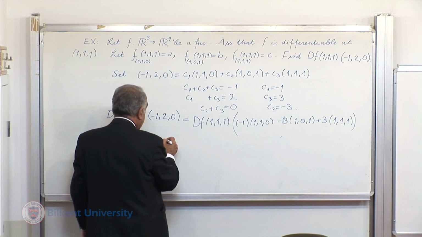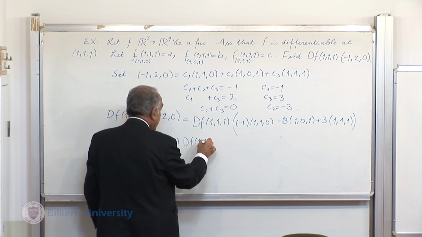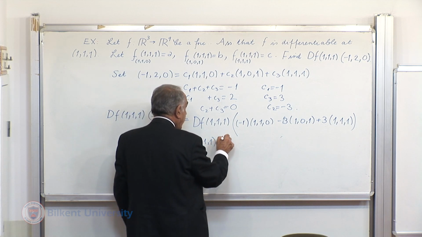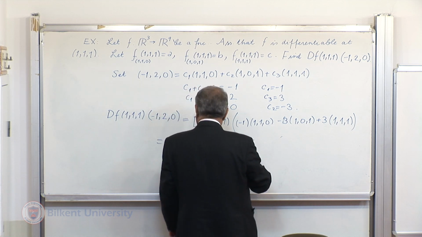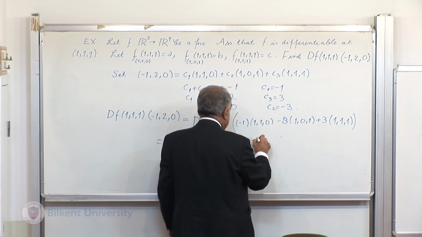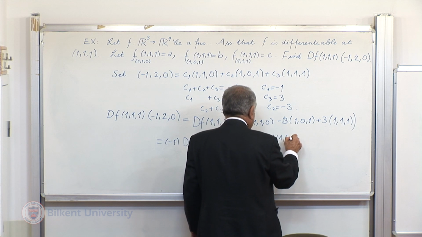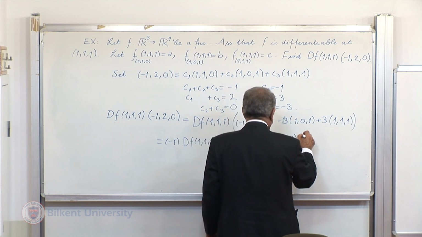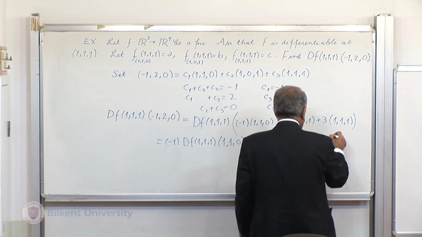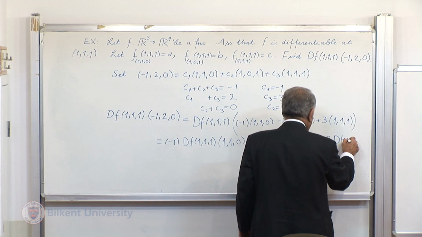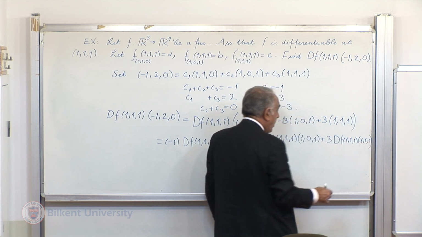So this is equal to -1 times df at 1, 1, 1 of 1, 1, 0 plus -3 times, so let me write it directly as -3 df at 1, 1, 1 of 1, 0, 1 plus 3 times df at 1, 1, 1, also evaluated at 1, 1, 1.